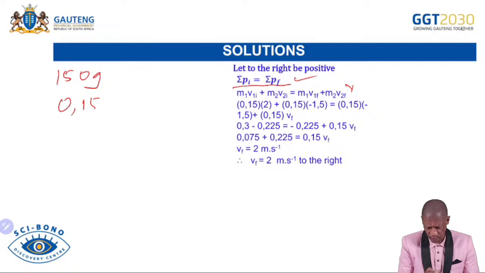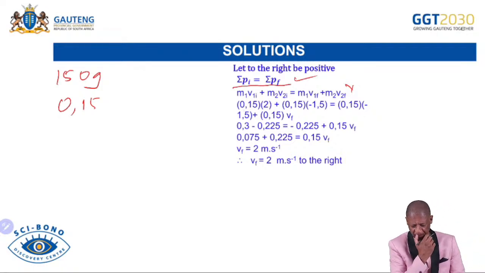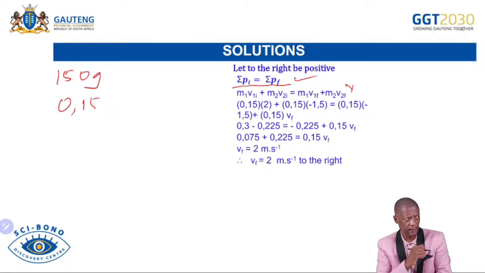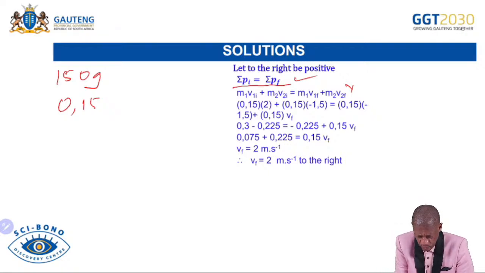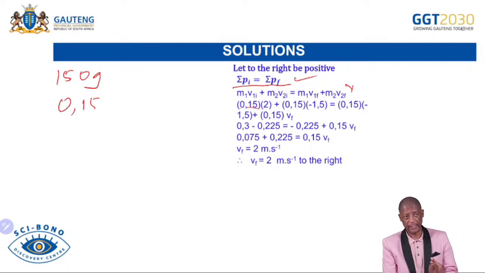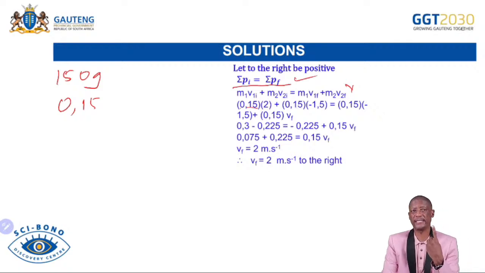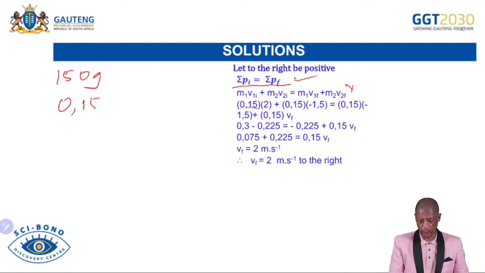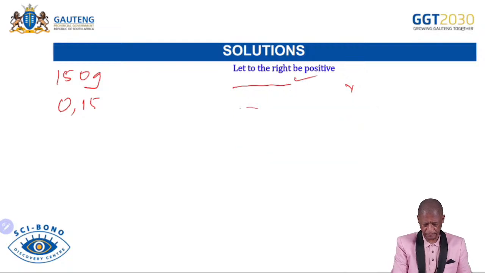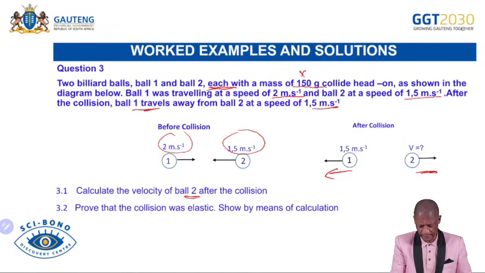Then it gives us 0.15, which is what we have here. Then it's 0.15 multiplied by 2. Remember, the first one was moving with 2 meters per second, plus the same mass, 0.15. Now the direction: if we go here, they are approaching each other.